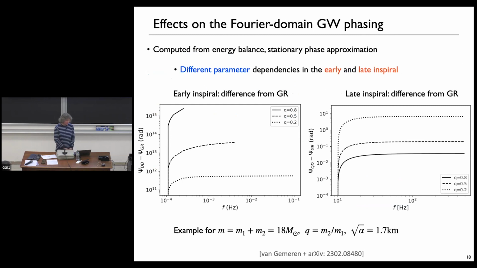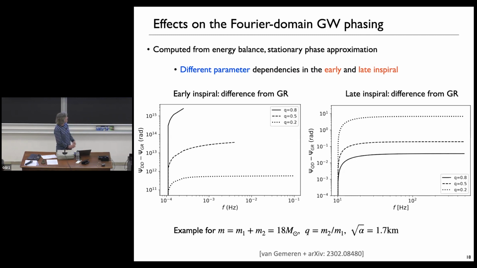And interestingly, when we analyze how effects in the early inspiral, when the scalar flux dominates the losses, compare to the late inspiral, we see very different dependencies on parameters. What is shown in the plot here is the accumulated phase difference from GR for different mass ratios. The solid lines are the ones closest to equal masses, and the dotted lines are the ones with the most unequal masses.